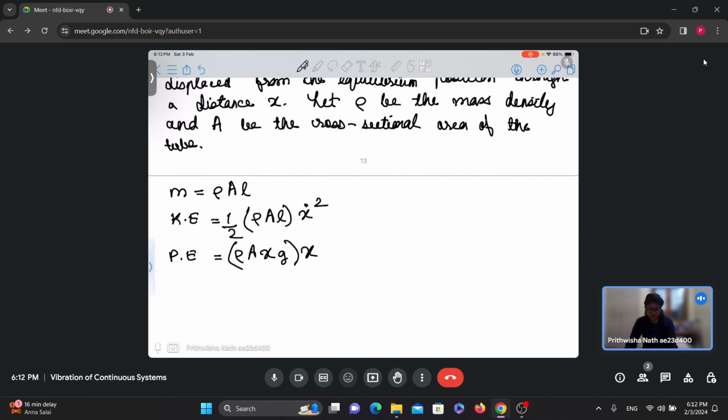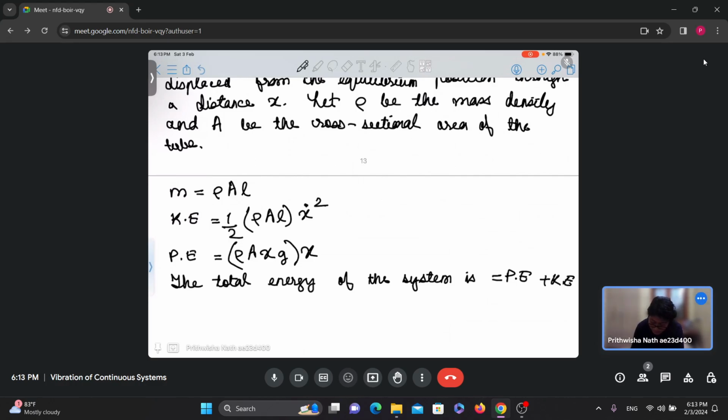So potential energy plus kinetic energy equals rho A x g into x plus half rho A L x dot whole square, that is equal to constant.